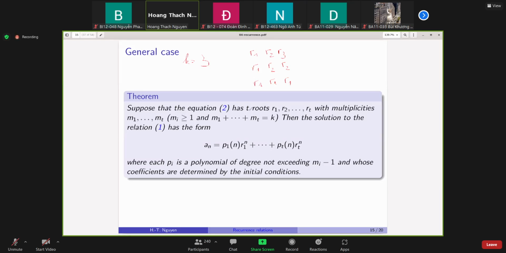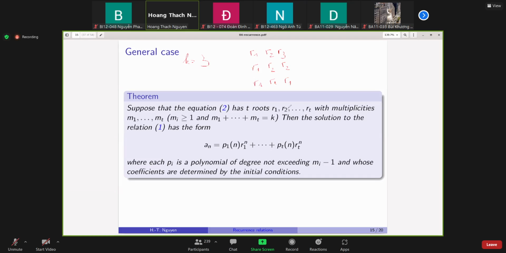So in the general case, suppose that your characteristic equation has roots with multiplicities. Let m1 to mt be the multiplicities of the corresponding roots.